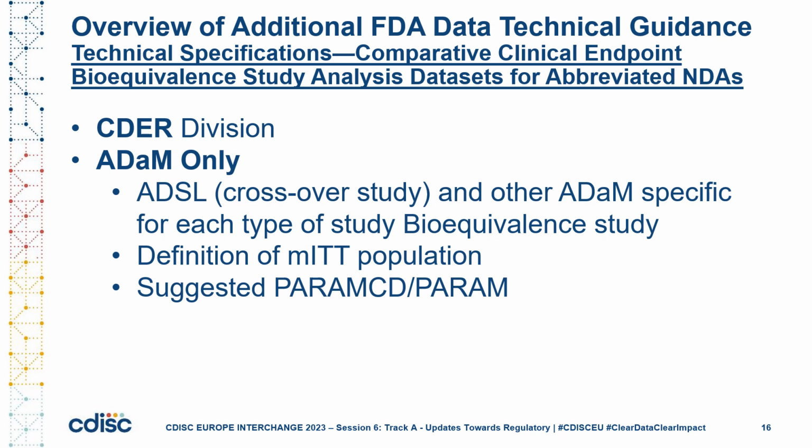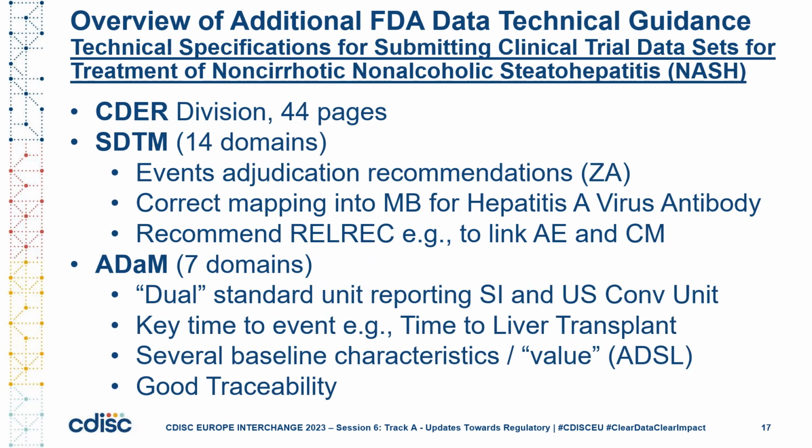It also gives a kind of standard definition of mITT, modified ITT population. I'm not that familiar with all the bioequivalence studies, so I'm not sure if this is really something we could standardize. And again, like the others, it suggests some nomenclature for parameter names in ADaM.